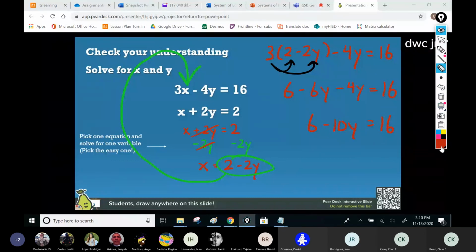Then I'm going to minus 6 on both sides. Minus 6 on the left, minus 6 on the right. So negative 10y equals 10. Then I'm going to divide by negative 10 on both sides. So y equals negative 1.